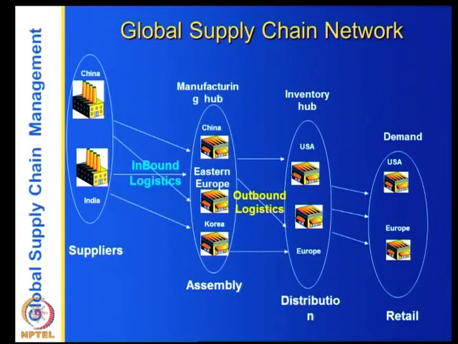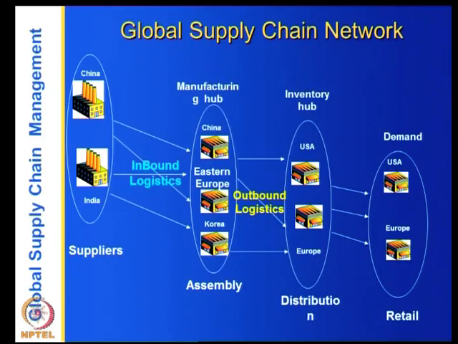In most of the global supply chain networks, the retail is either in Europe or in the USA, and the tail end of the supply chain, that is the suppliers, are in Asia. And there is a lot of logistics involved, because there is material movement from the suppliers to the assemblers to the distribution centers and to the retailers.